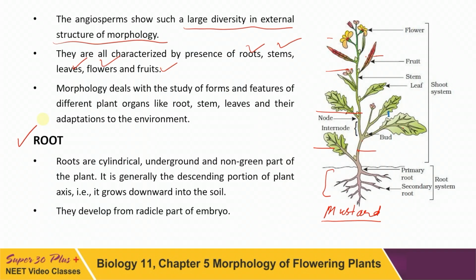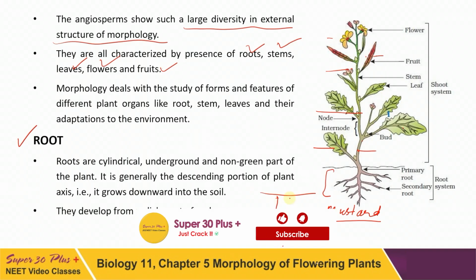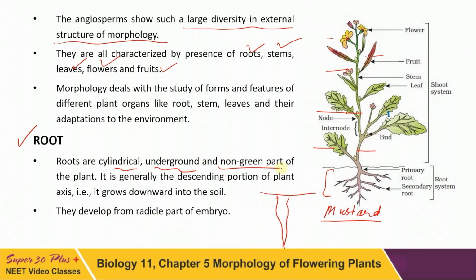You are familiar with the root. In most cases the root is a cylindrical structure and usually found inside the soil. This is cylindrical, this is underground, and this is non-green as it is away from light. This is the descending portion of the plant axis.